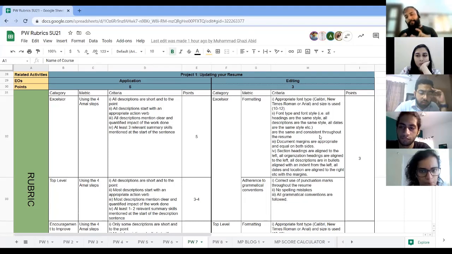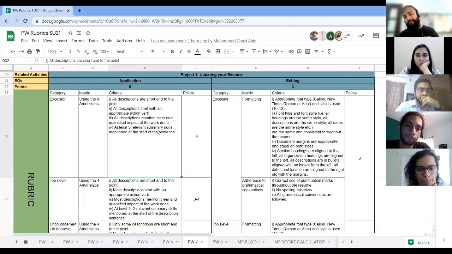At any point, if I'm losing you, just raise your hand and let me know, and I'll explain again. For example, in this particular rubric, in the application evaluation objective, the metric is the 4 steps that were shared with the students.